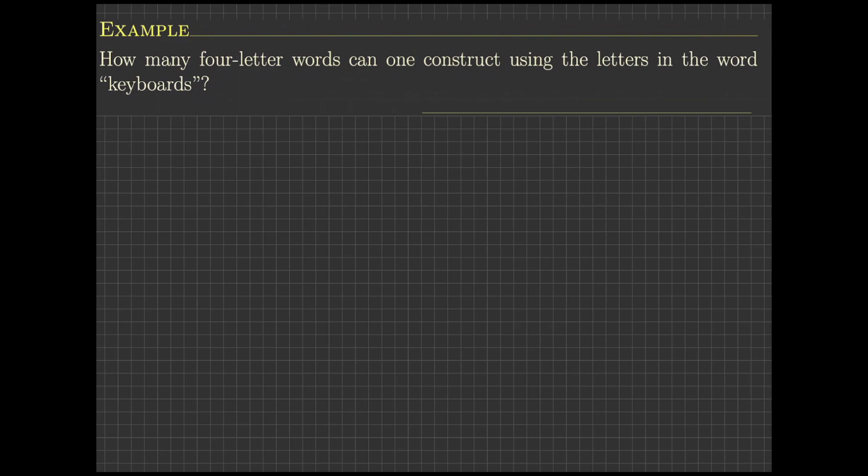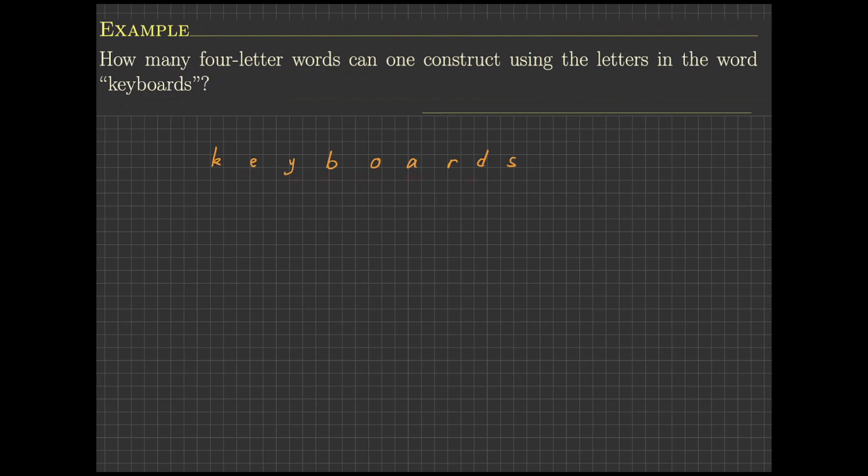How many 4-letter words can one construct using the letters in the word KEYBOARDS? What we have for KEYBOARDS is K, E, Y, B, O, A, R, D, S. The first thing you need to pay attention to is that all of them are different.